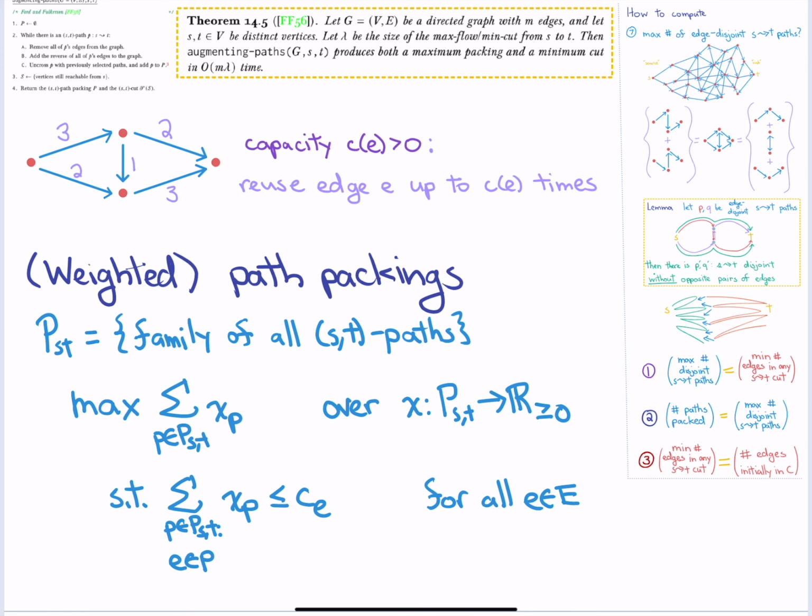So I'm just formalizing what hopefully is a pretty natural model and a natural way to extend edge disjoint paths, which feels very combinatorial, to capacities.